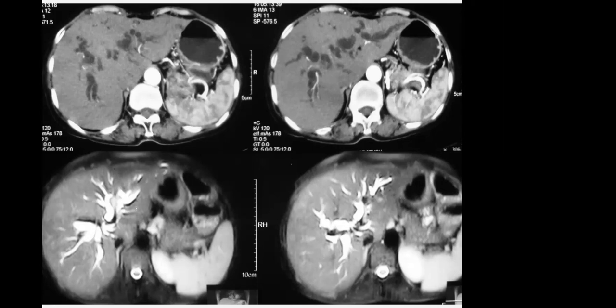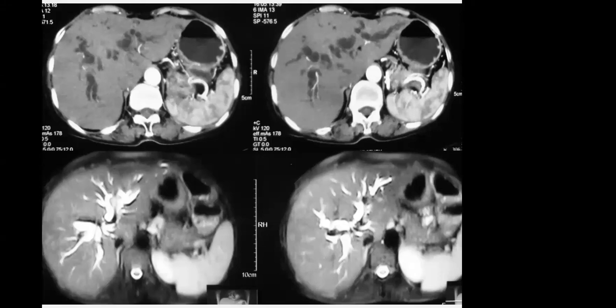You need to remember three sequences when you are dealing with abdominal MRI: T1 weighted image, T2 weighted image, and the HASTE sequence. HASTE is the heavily T2 weighted sequence, which is meant for seeing the bile duct structures or biliary tree very clearly. So the lower two sequences are the T2 weighted sequence.